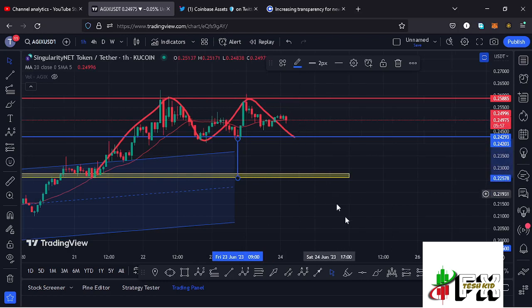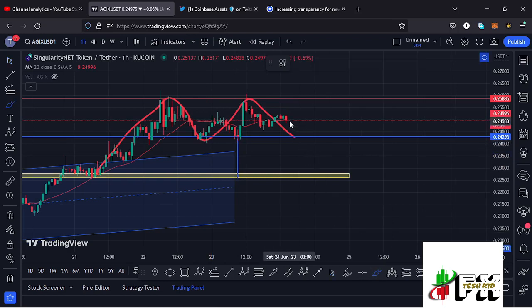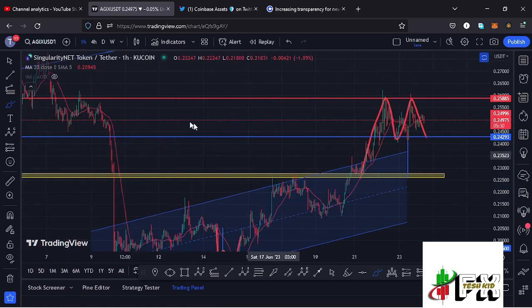So there are chances that once you see the breakout to the lower side, we can find support at the key area of support at around the $0.227 mark, and then afterwards we can see that bounce back to the upper side. On the worst case scenario, in case the breakout plays out and we also lose this key area of support, then we can continue heading further down to our next key area of support at around the $0.2 mark. That is the other possible move that we can expect.